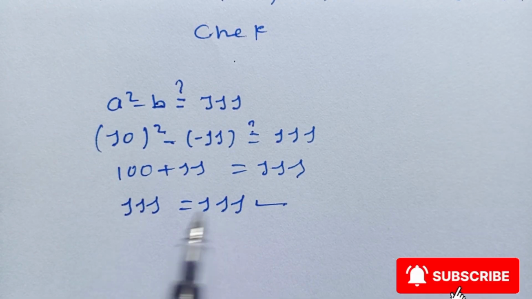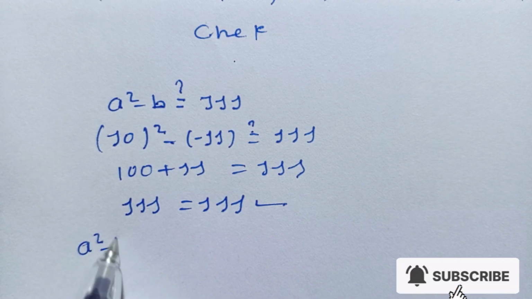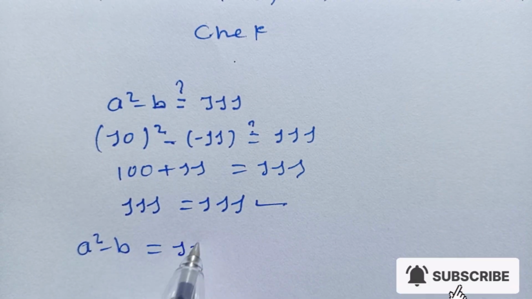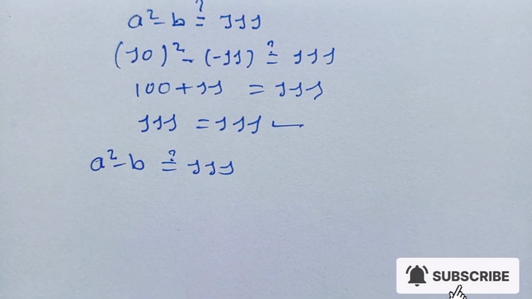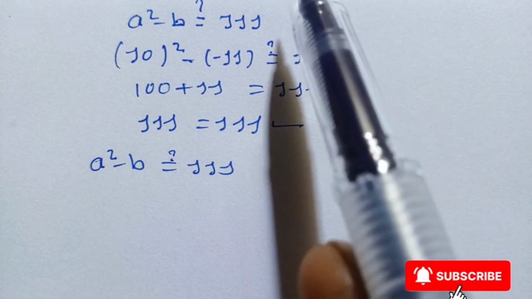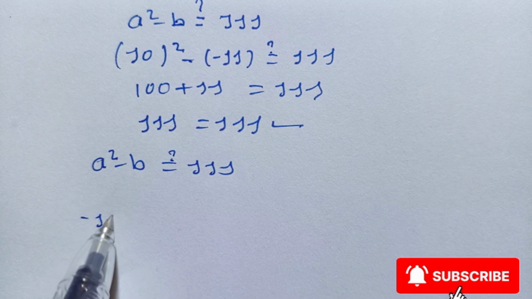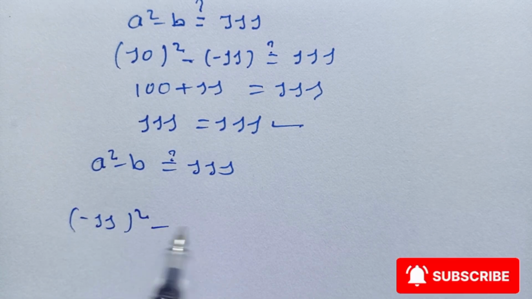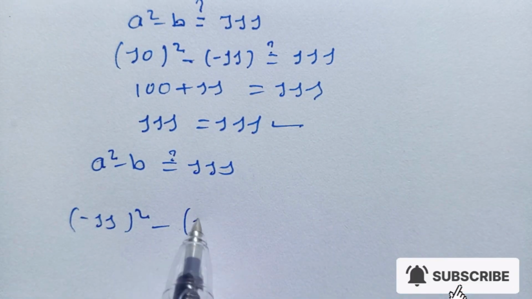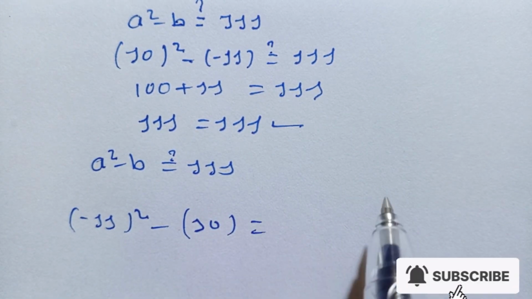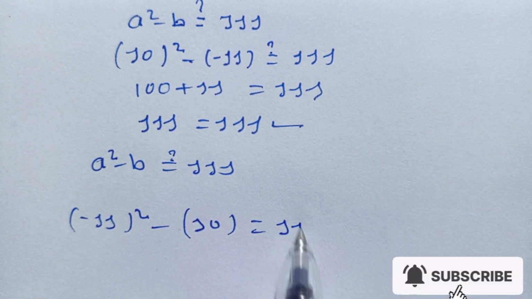And from a minus b equal to negative 21, a square minus b equal to 111. Minus 11 the whole square minus b, which is 10, equal to 111.